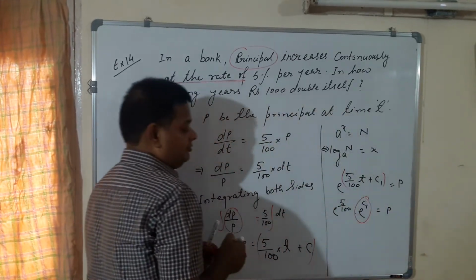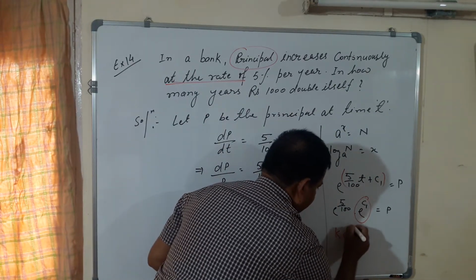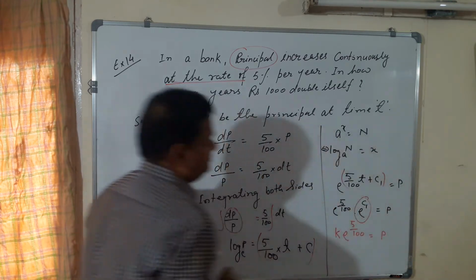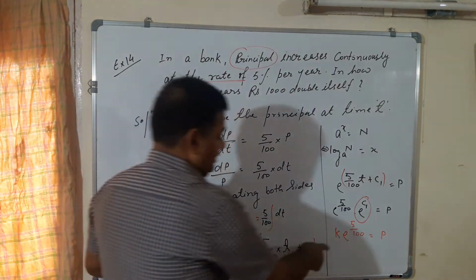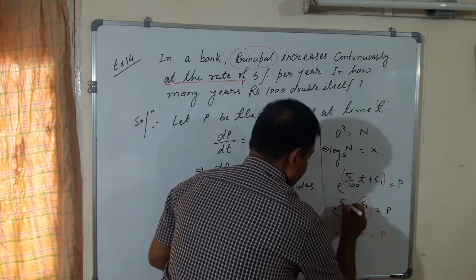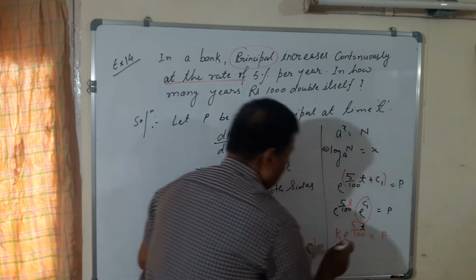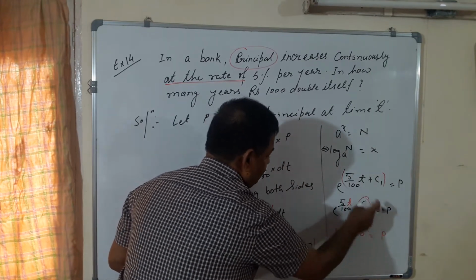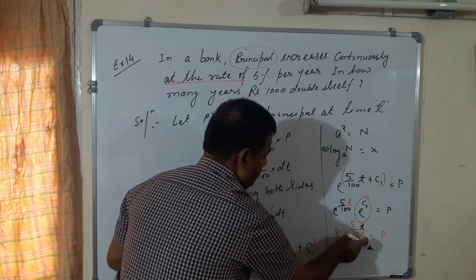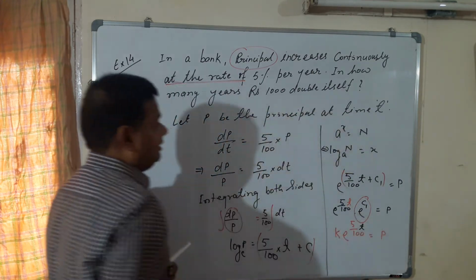We can write k e raised to the power 5 by 100 t is equal to P, where this constant is k. You got this one.